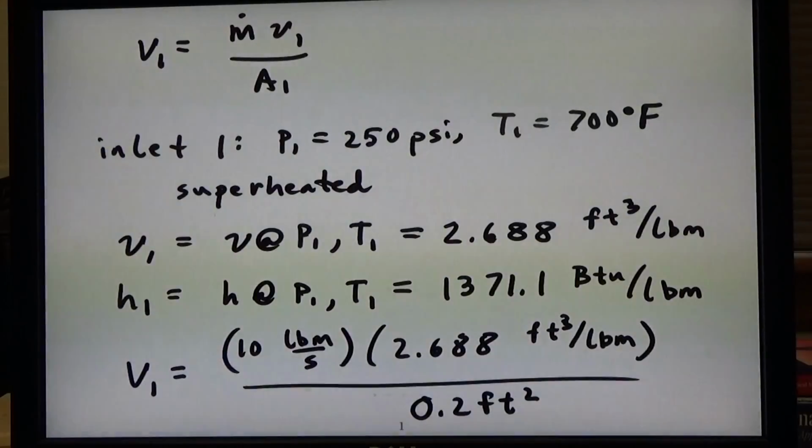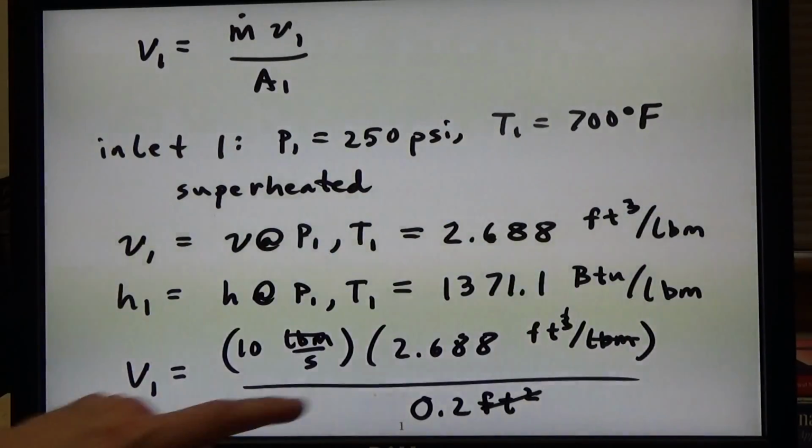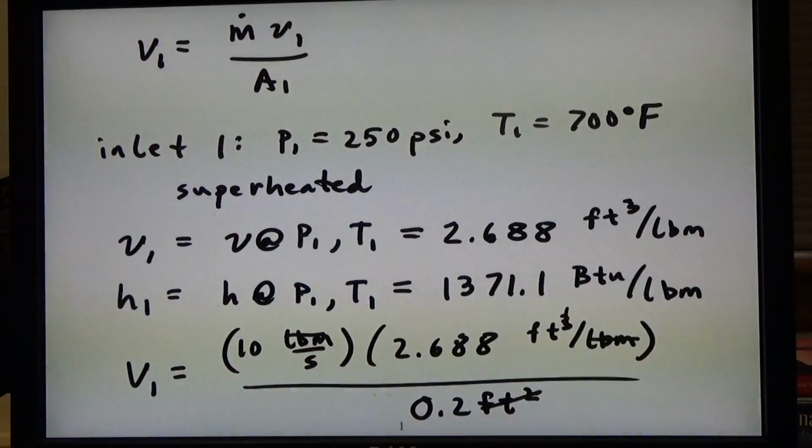Looking at the units here, I have a pound mass that will cancel out, and then this feet squared will cancel out with 2 of those feet. So we end up with feet per second, which is exactly what we want for velocity. So actually no units to worry about in this case. We can just calculate V1 directly.